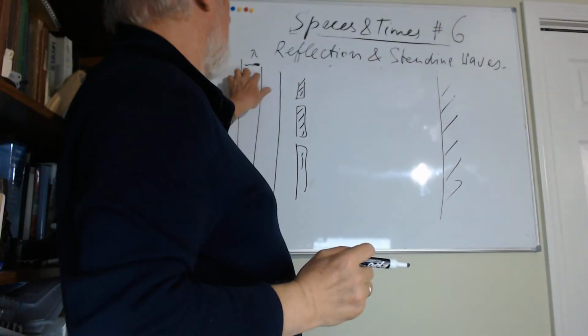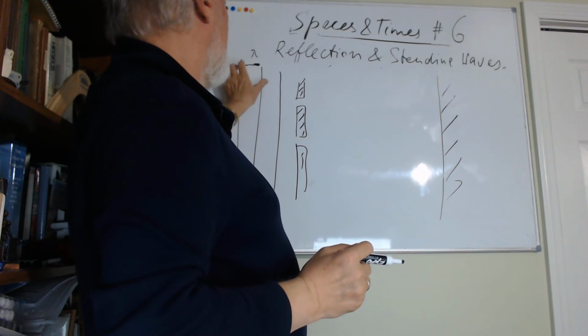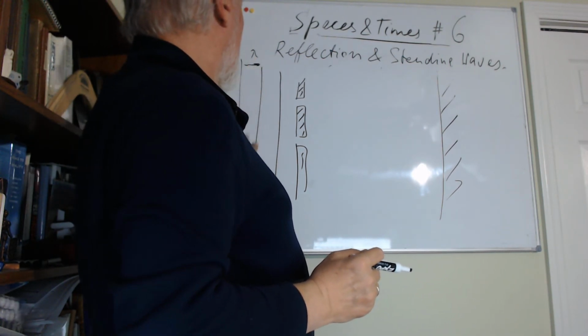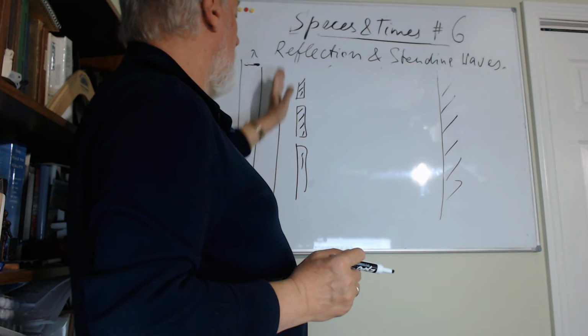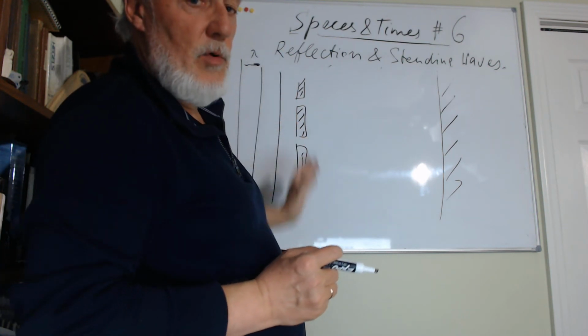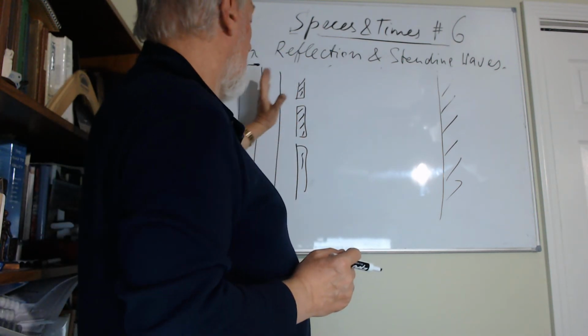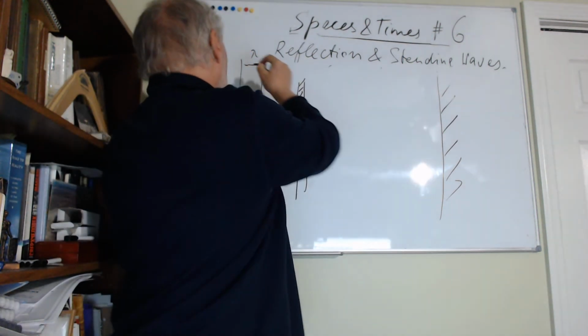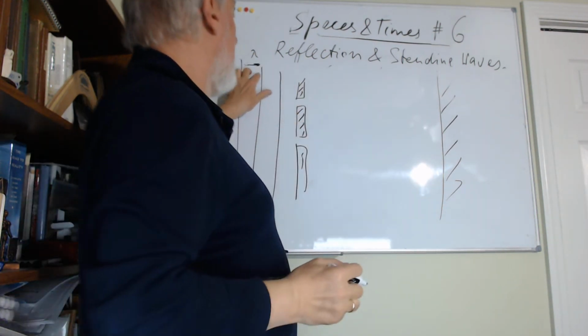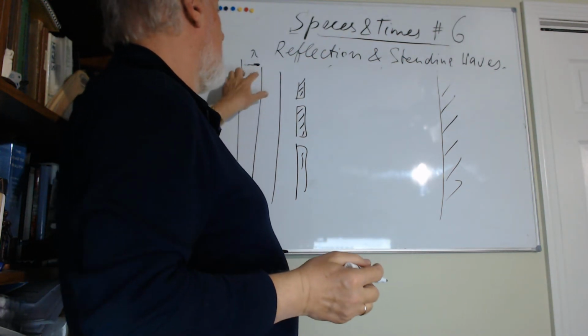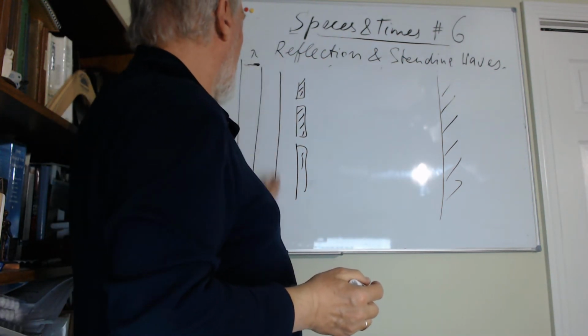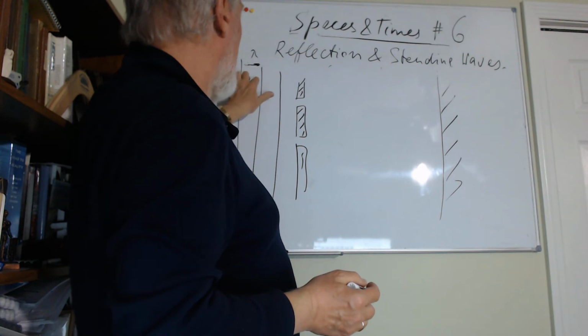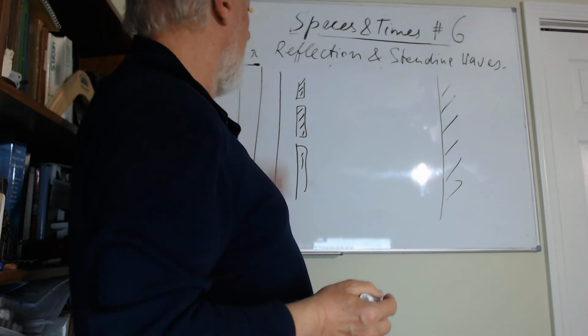Lambda is the wavelength, the distance between two maximums of amplitude, the distance between two identical phases. It's easy to say these are maximums, and the difference between them is lambda.